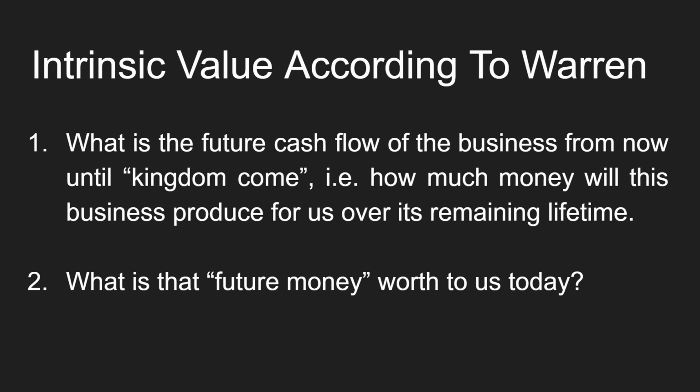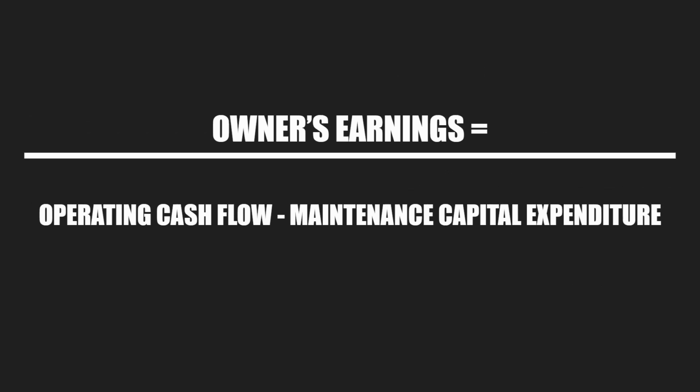To do this, we can calculate what is called the owner's earnings. We can do this by diving into the financial statement of a company. Then we'll find the operating cash flow and subtract the maintenance capital expenditure.